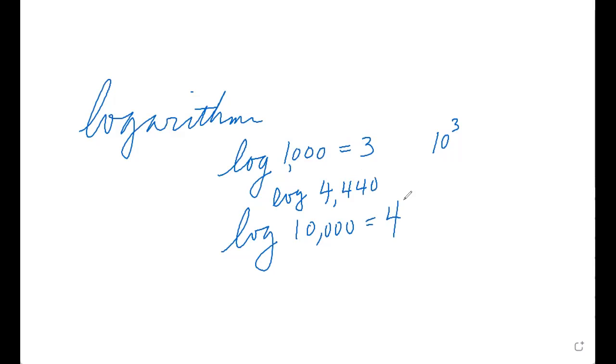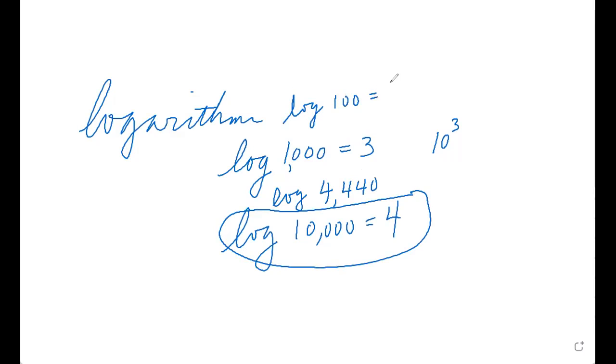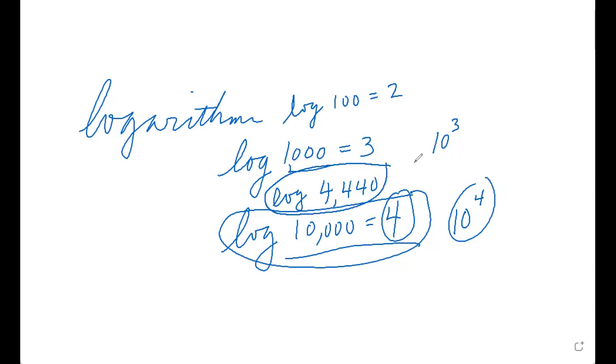This one, you could have guessed it already because we started to give you some nice examples. Log of 100 is 2, log of 1,000 is 3. And you probably can figure it out. This must be exponent with the base 10, and that is 10,000. But now, if you got a log of this, that's going to be a little bit hard. And that's where we have the calculator.